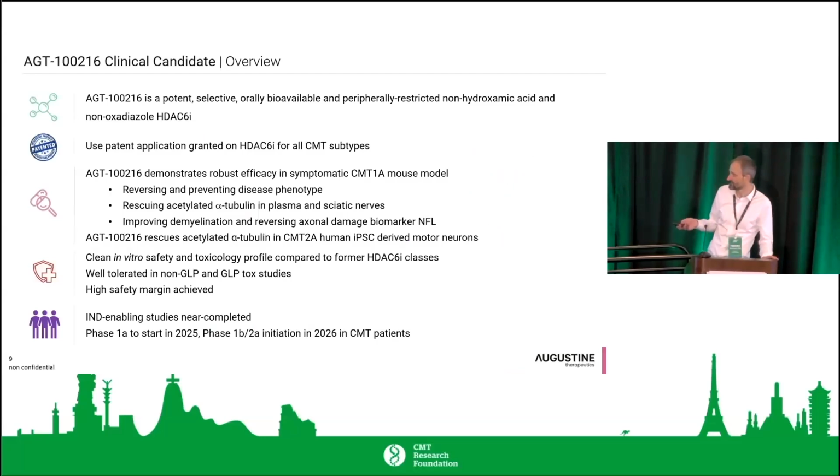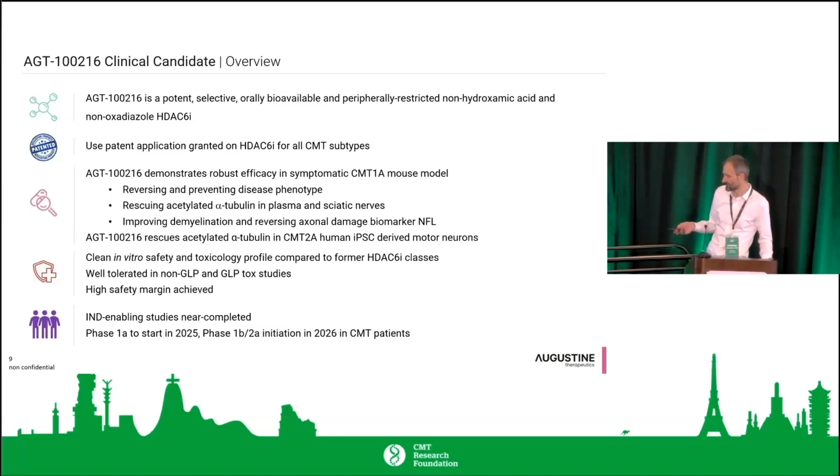I hope I've convinced you that it shows robust efficacy in a symptomatic CMT1A mouse model. It reverses and prevents the disease phenotype. It rescues acetylated alpha-tubulin in plasma and in sciatic nerves. And it improves the demyelination and reverses the axonal damage biomarker neurofilament light chain. It also rescues acetylated alpha-tubulin in CMT2A human iPSC-derived motor neurons.